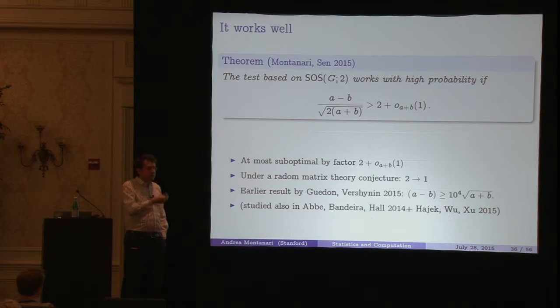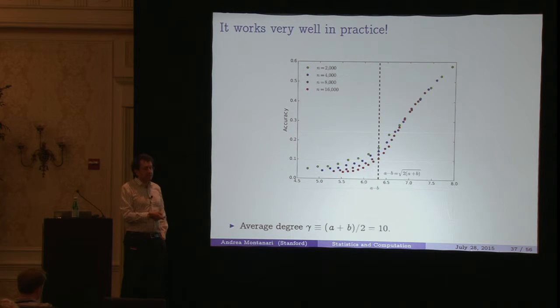All right. You can do this in practice. You can simulate this SOS and see how it works, and actually it works extremely well. So this is for average degree 10. This is the information theoretic threshold, and here what I plot is a measure of accuracy of the reconstruction for different sizes. And what you see is that below the information theory threshold, as the size gets larger, this accuracy goes to 0.